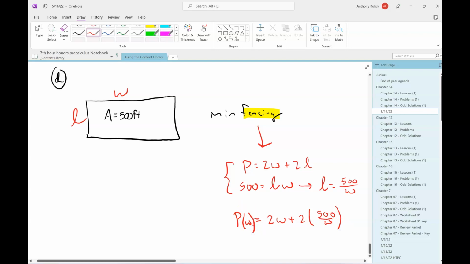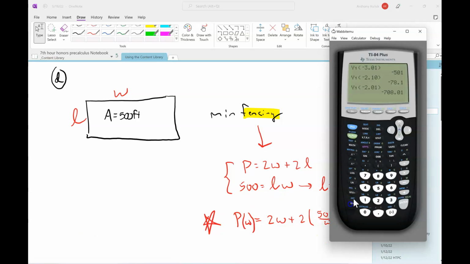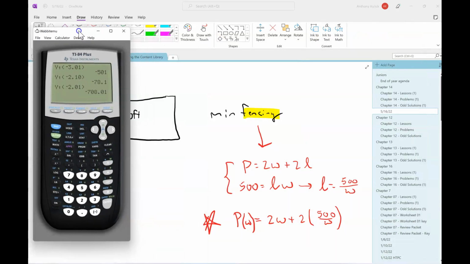And what I've really done is created a function for perimeter in terms of W. So I'm going to then go to my calculator and graph this function and find the minimum. I do need to be a little bit careful about this, though.